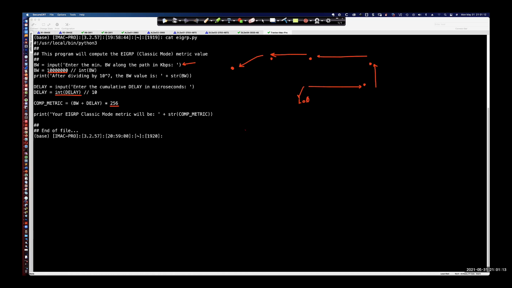Now, remember, I keep harping on the fact that classic EIGRP is 32-bit mode, in terms of 32-bit metrics. Well, it just so happened that IGRP was 24-bit. Well, the difference is 8 bits.